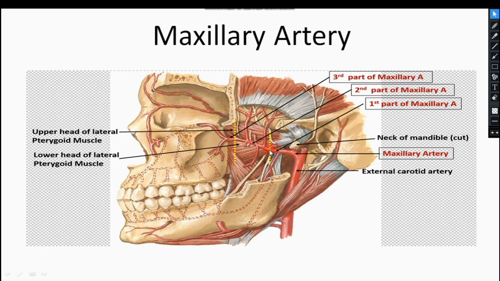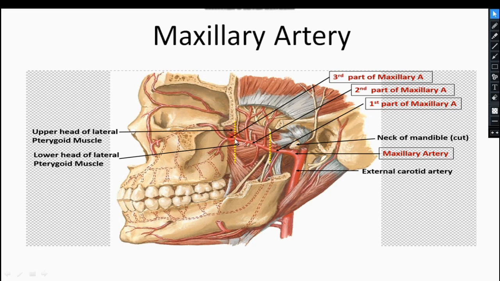So it begins from the lower border of the lower head, and it runs superficially over this lateral pterygoid's lower head, and we can see until the point here where the upper head and the lower head meet. This is the junction. So this is the limit of the second part.